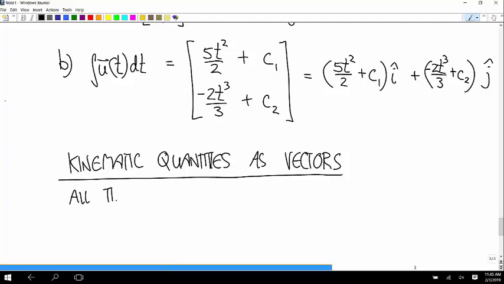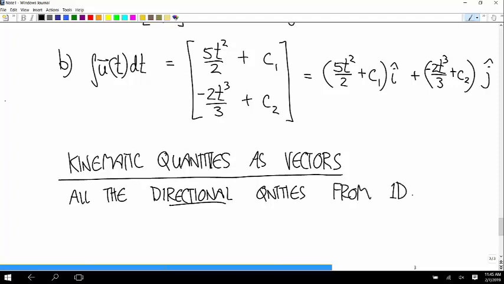So all the directional quantities that we're used to from 1D kinematics are vectors in 2 dimensions.